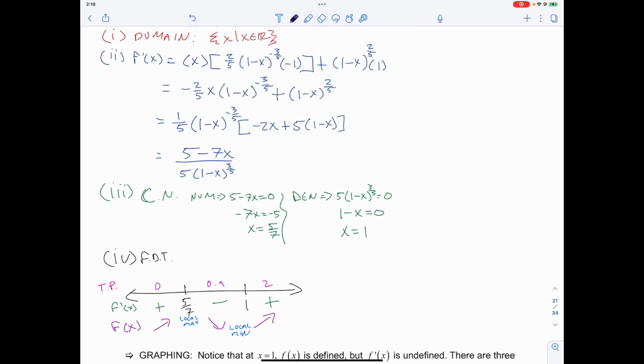So I can say that f of 5 over 7 is equal to 5 over 7 times (1 minus 5 over 7) to the power of 2 over 5, which is going to equal 5 over 7 times (2 over 7) to the power of 2 over 5, which is going to equal 5 over 7 and the fifth root of 4 over 49.